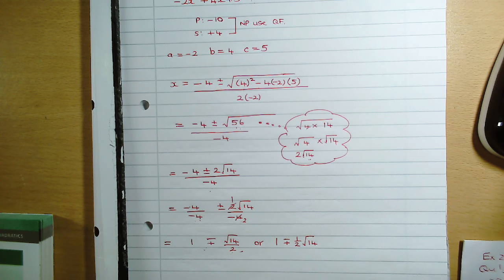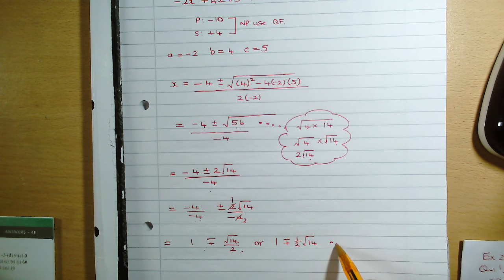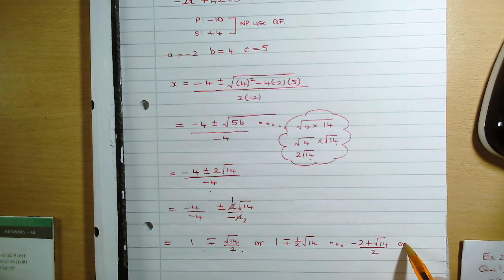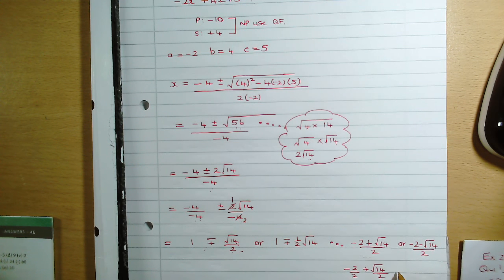So again, if we check the book for 2 part D, yeah, so the book has minus 2 plus root 14 over 2, or minus 2 minus root 14 over 2. So again, if we divide each term in the numerator by 2, we get minus 2 over 2 plus root 14 over 2, or minus 2 over 2 minus root 14 over 2.